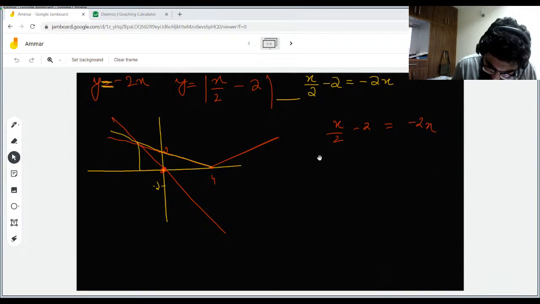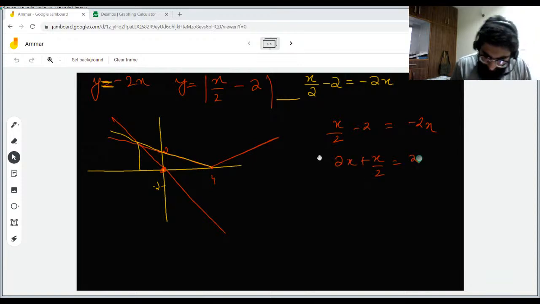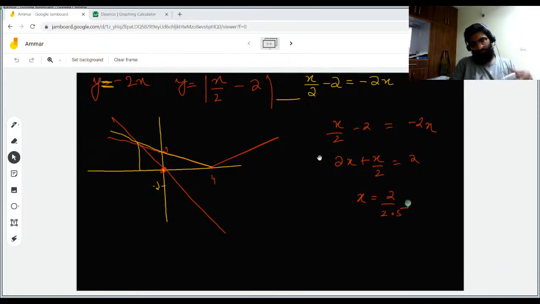So 2x plus x by 2 is equal to 2. 2.5x, and x is equal to 2 by 2.5, which is 0.8 or 4 by 5. So x is equal to 4 by 5.